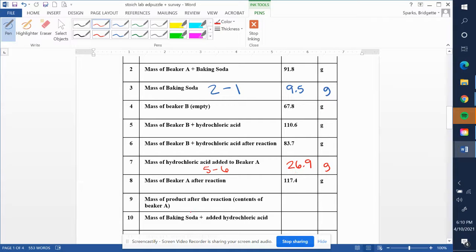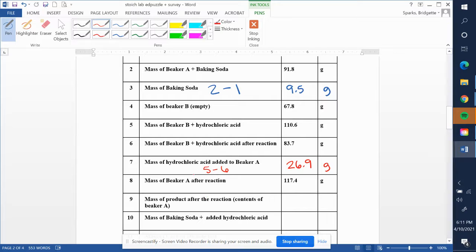All right, so then we look at the mass of the beaker after the reaction took place. If we want the mass of the products after the reaction, we have to consider what is the mass of the beaker now and what is the mass of the beaker itself, because everything inside that is our products. Now, those products might be some excess reactants, but from a conservation of mass standpoint, we're not going to be concerned with that.